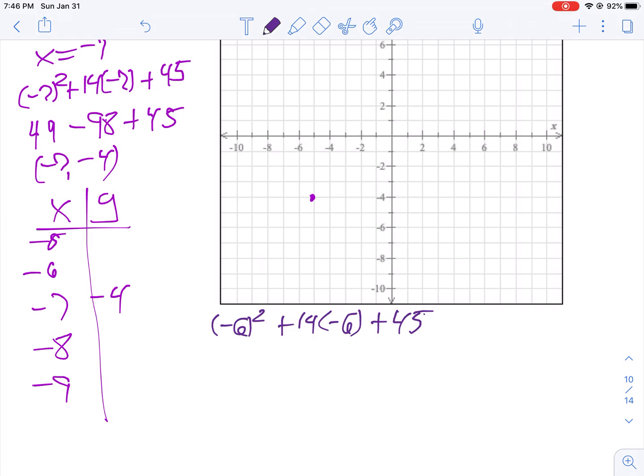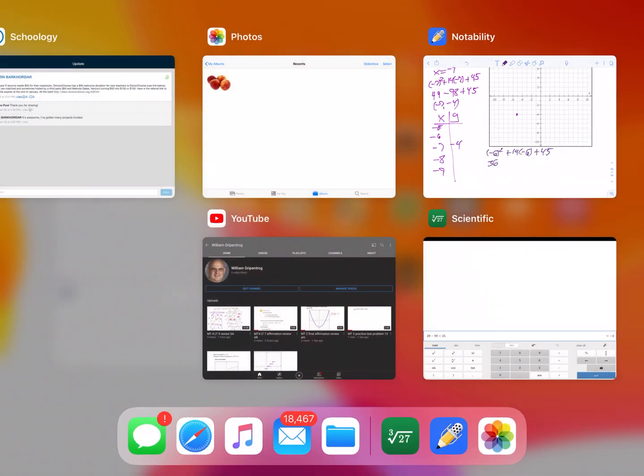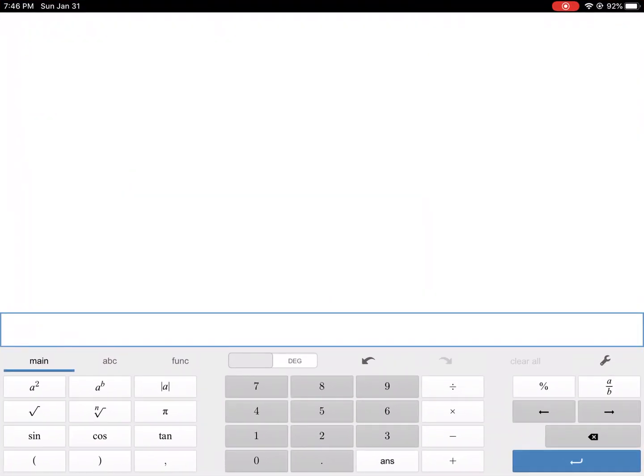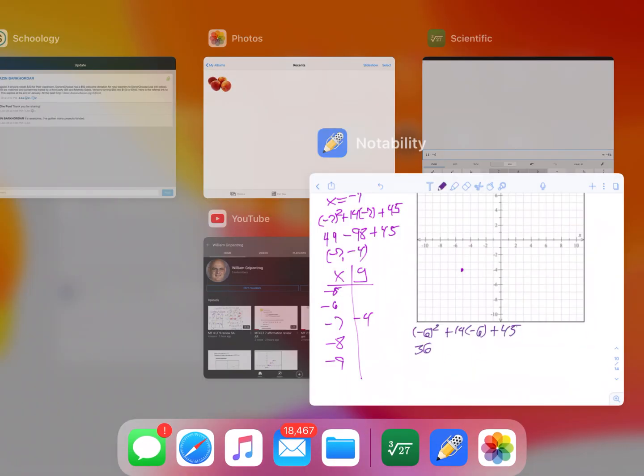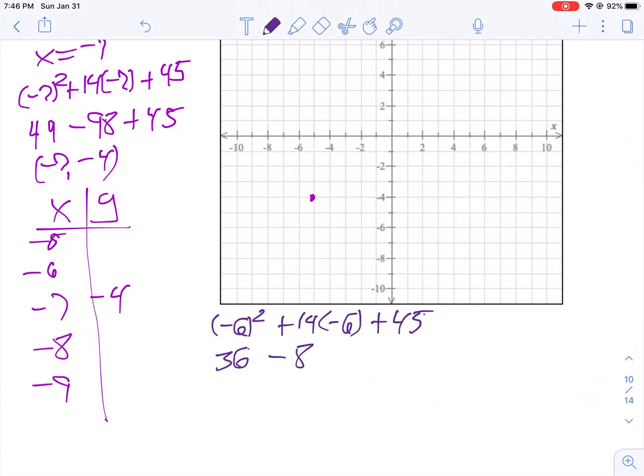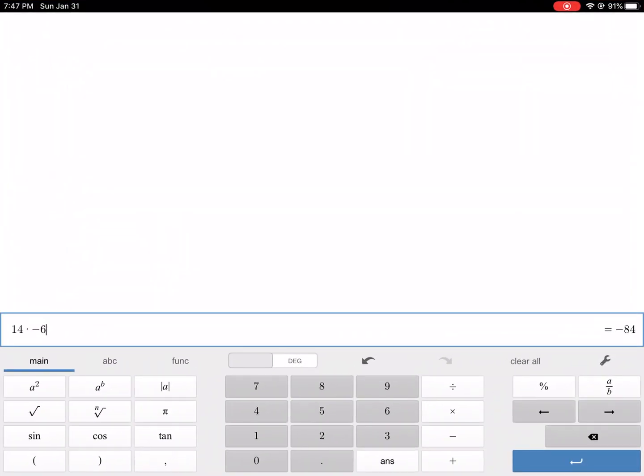Well, -6 squared is positive 36. 14 times -6. Should know that. Whoops. It's -84. So -84 plus 45. So we're going to go 36 minus 84 plus 45.